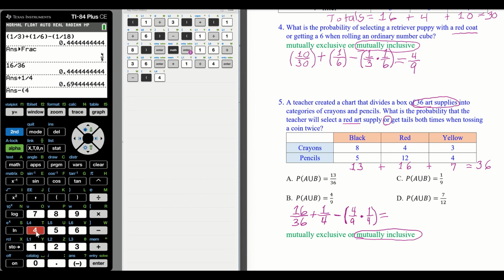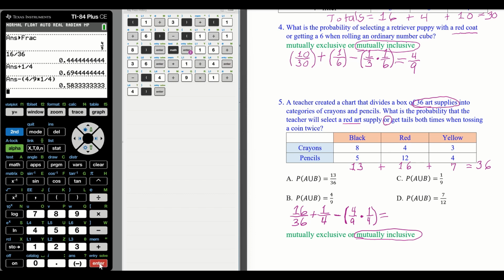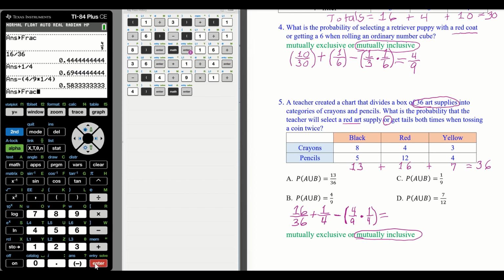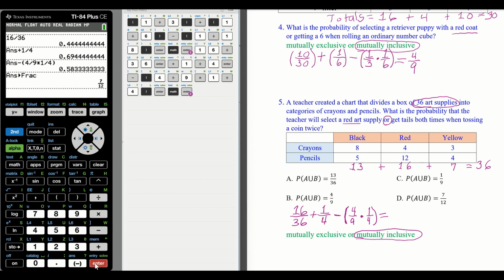So I have 4 divided by 9 times 1 divided by 4. Close my parentheses. Enter. Let's see what that looks like as a fraction because fractions are the only options we have. So math, enter, 7/12. We do have that option.